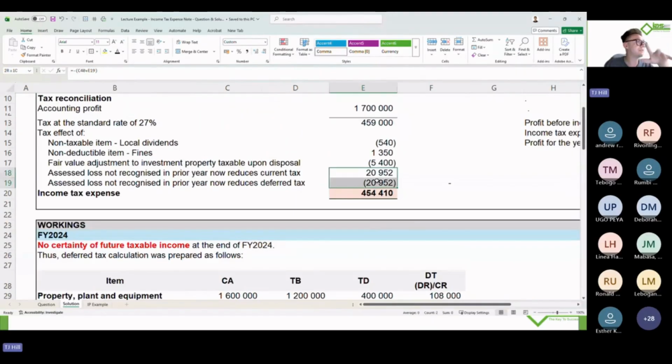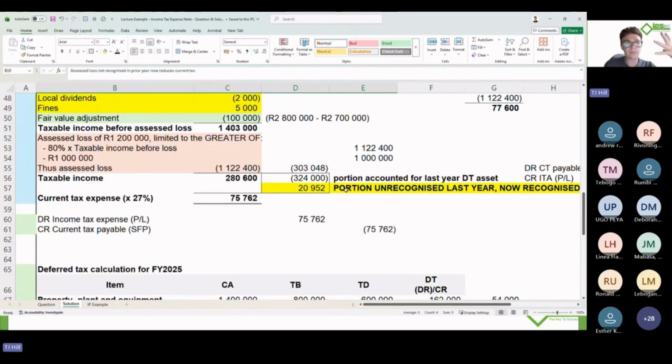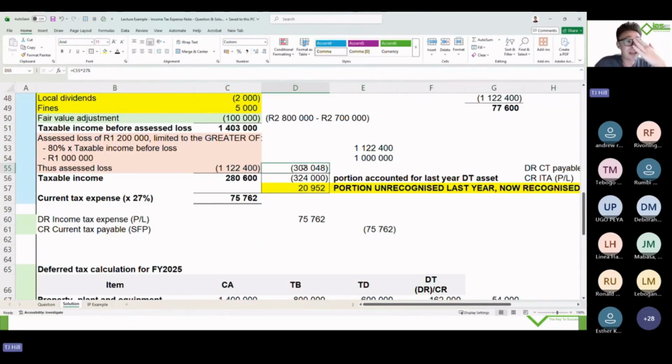These calculations are now netting off, so you actually should not have anything, because there's no problem. We recognized all of it last year as deferred tax. This year, voila, most of it is coming through in current tax. Our expectation as an asset last year has realized this year.